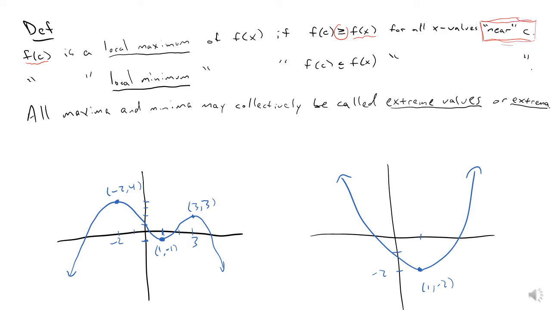If I took that part away from the sentence, then I would basically be describing the absolute max. But when I say I want the highest y value for x values near c, a more precise way to say that would be in some open interval containing c. And remember, when we say open interval, that means an interval that does not include the endpoints. Open interval containing c.